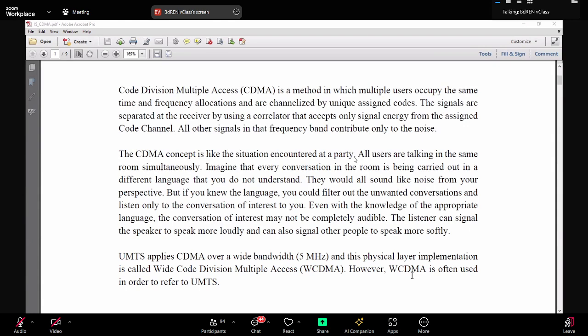The first one is what we mentioned earlier, that the language is not completely different, meaning the codes are not fully orthogonal to each other. The correlation is not zero. There is some correlation. The other case is that the sound level is a little higher. That can also cause problems for others.